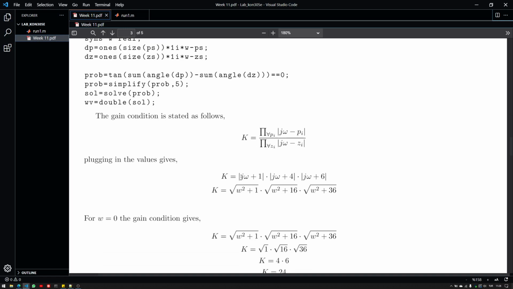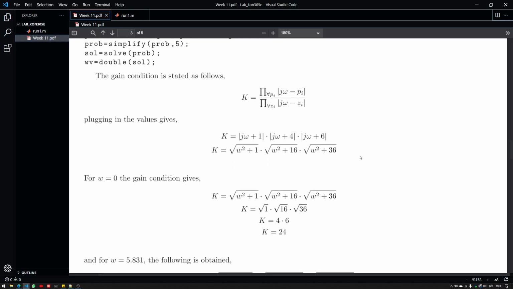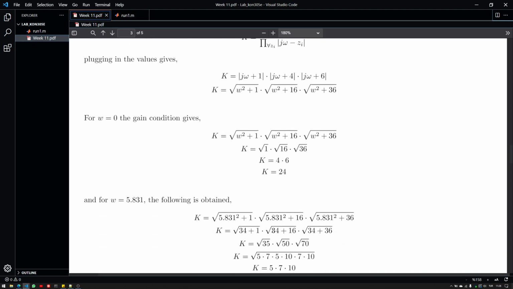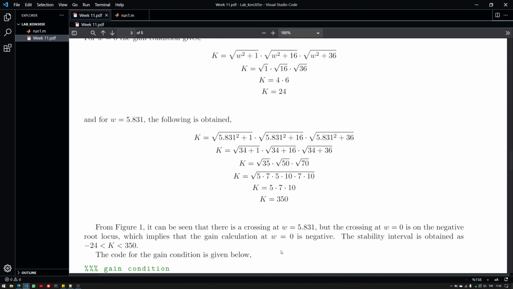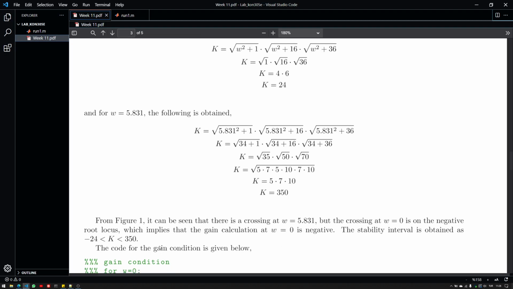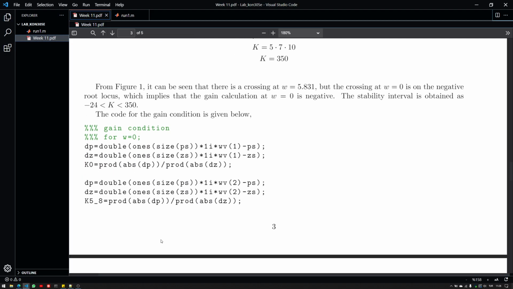So from there on, we can see j omega plus 1, j omega plus 4, j omega plus 6. Calculating the distances and multiplying them together, we can see that one of them is 24, and the other one is 350. So therefore we can conclude that we have a stability interval of -24 and 350 here.